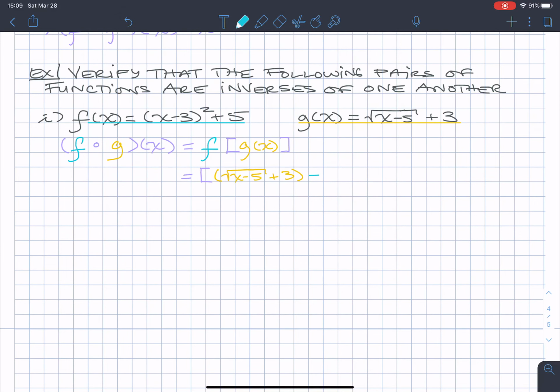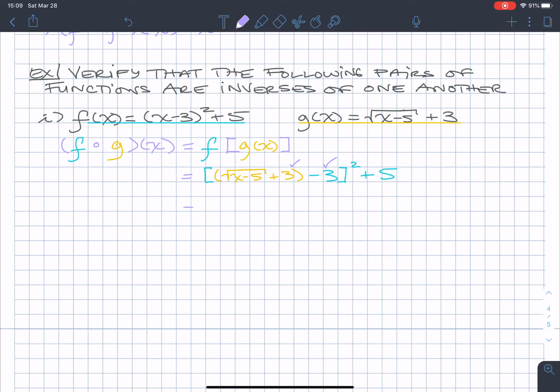It subtracts 3, and then it squares that amount and then adds 5. So I've replaced just the x in f of x with the whole function g of x. So notice that plus 3 and minus 3 go away.